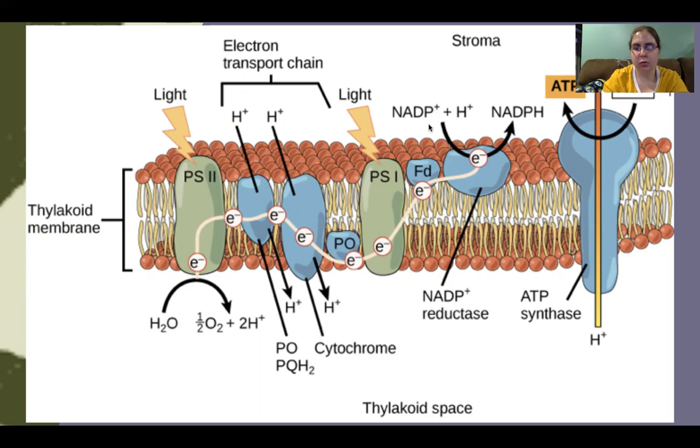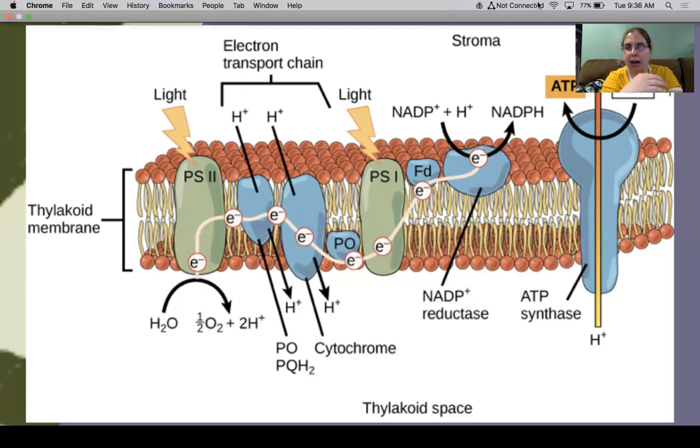The electrons, when added to NADP+, change its ionization, which allows it to form a bond with this hydrogen ion, forming NADPH. This is then going to be used in the second step, the Calvin cycle.